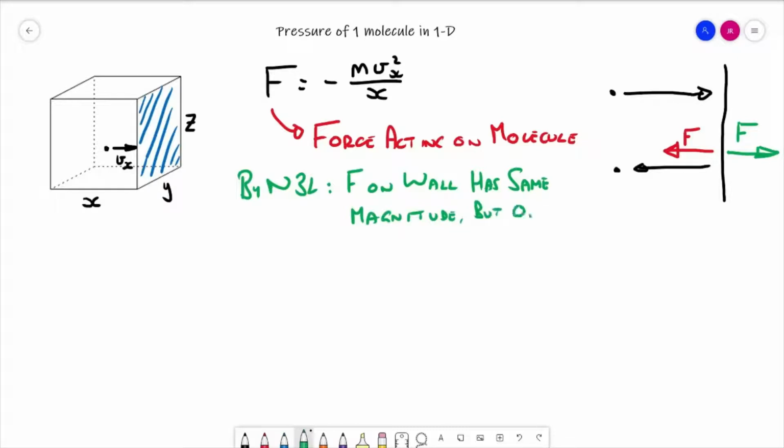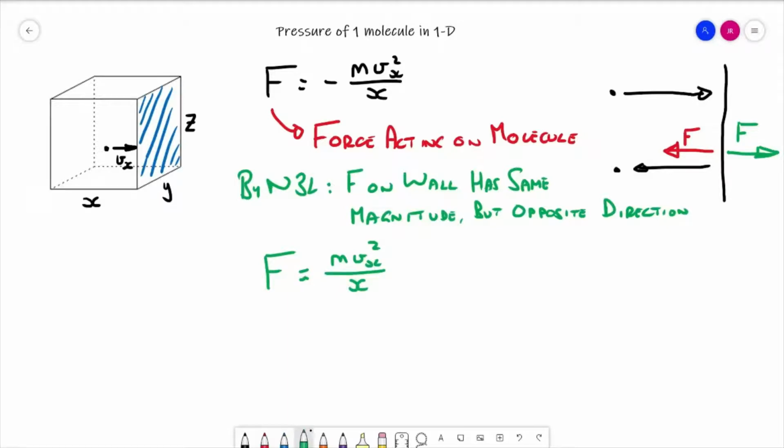Therefore the force on the wall becomes the negative of the force on the molecule, but of course negative and negative cancel each other out, and the force acting on the wall therefore becomes m vx squared over x.